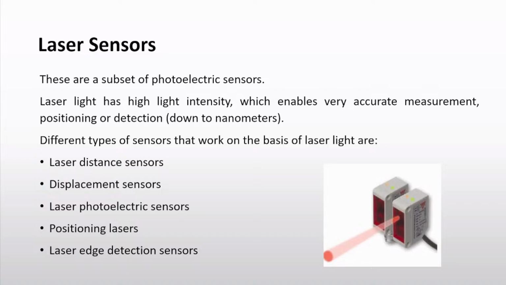we use the light beam with one phase, the same phase. That means that by using a laser beam we can have a narrow, highly focused, or more intense beam of light.